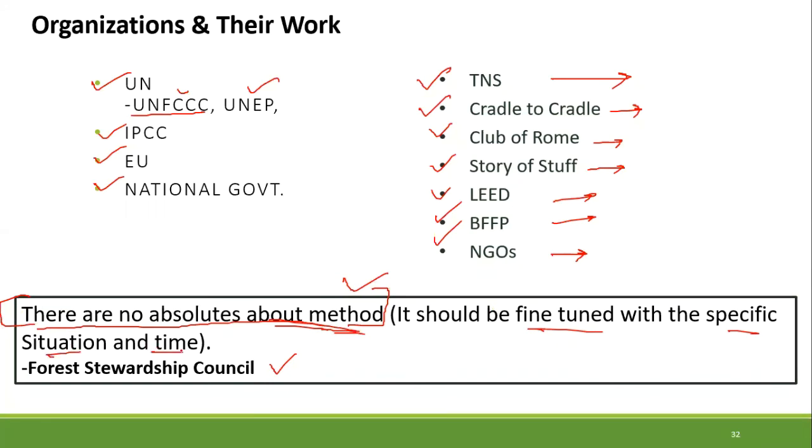Whatever method is applicable in, let's say, Europe may not be applicable in India. Correct. Or whatever was applicable in the 1970s may not be applicable in 2021. But we have to fine tune it. So never take anything as it comes, because for everything that is absolute, there are multiple factors. So please have this in mind.